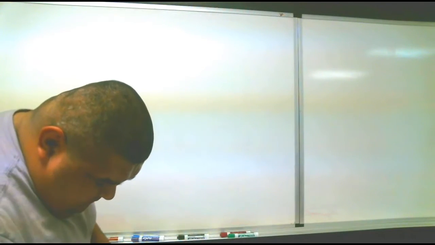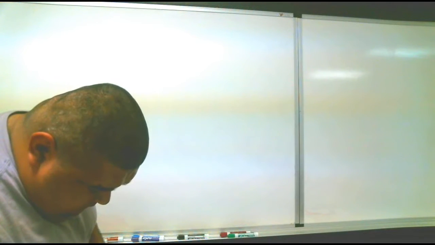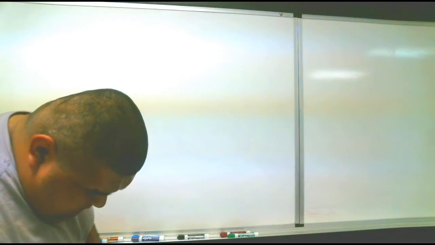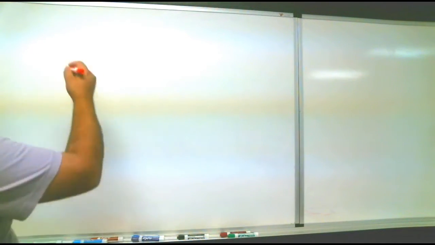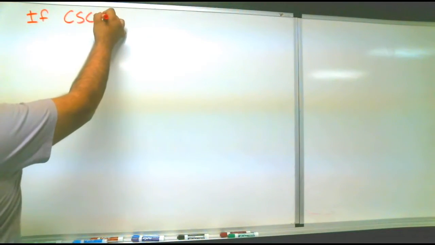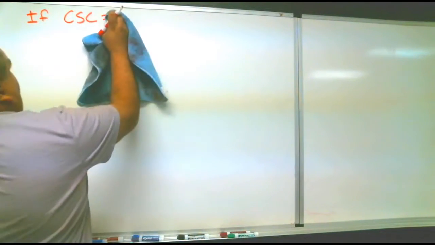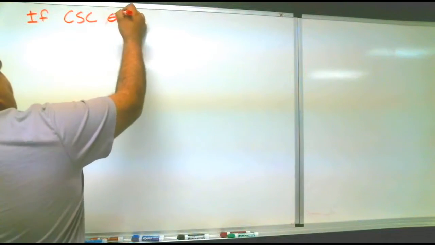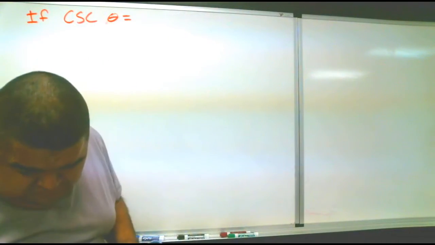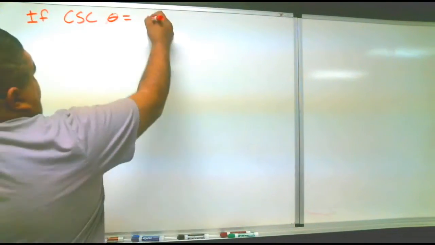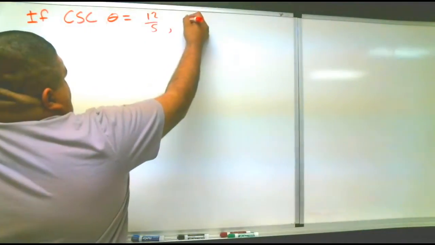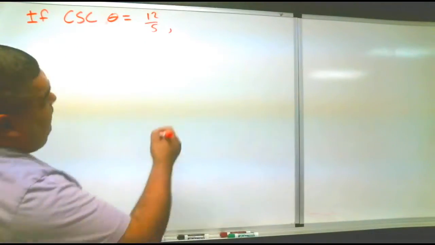But let's say we got, if cosecant theta equals 12 over 5, find cotangent.